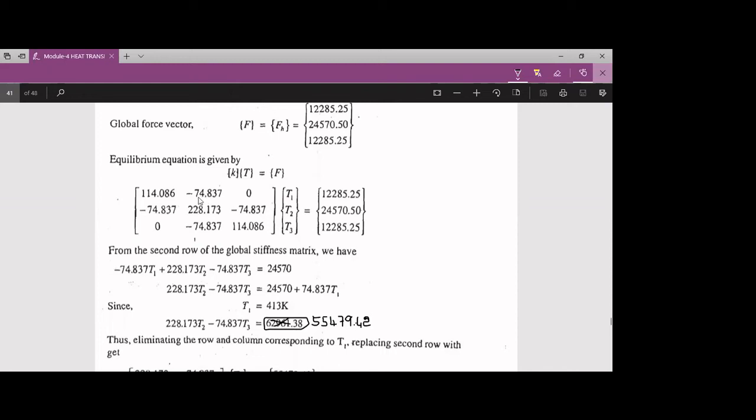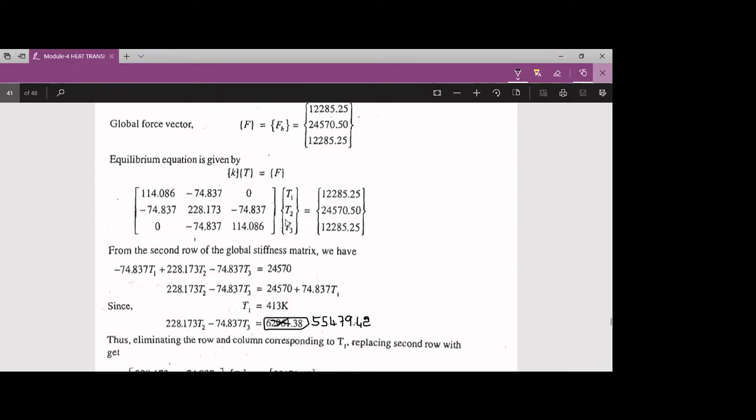But as we know the T1 value, you can only eliminate this row and you cannot eliminate this column, because in the column there is a coefficient value, minus 74.83. It is going to be multiplied in the second row. If you multiply the second row with this column, it contributes the product of minus 74.83 into T1 in the second row.